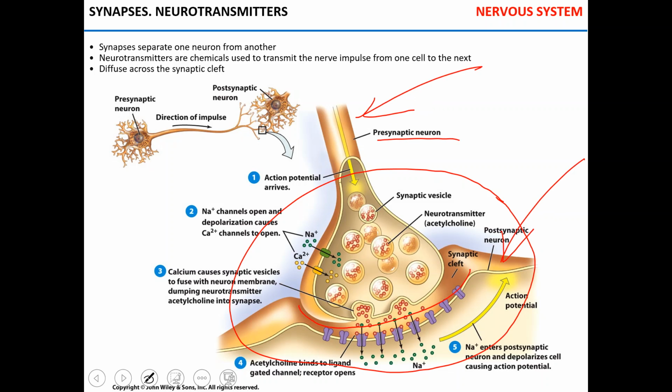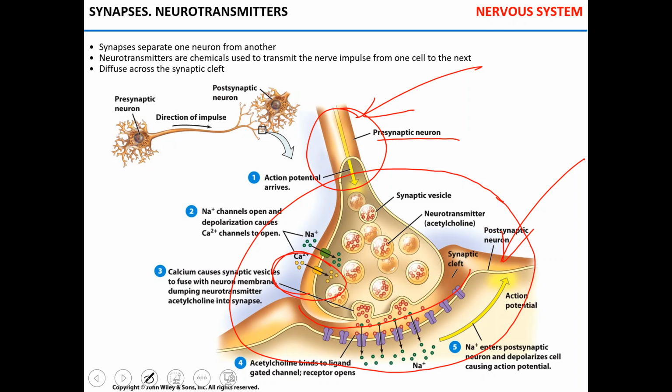So the action potential arrives at the presynaptic terminal right here. You see the action potential here. It's an electrical impulse. When it arrives at the presynaptic terminal of the presynaptic neuron, this action potential opens calcium channels.